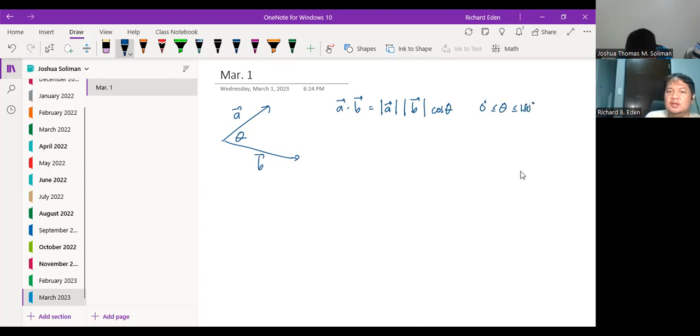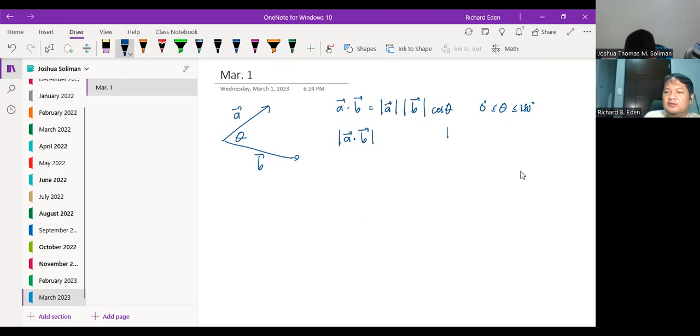So one of the things that we get out of this is the following. If you take the absolute value of A dot B, that's going to be equal to the absolute value of the thing on the right. But the length of A and the length of B are already positive constants.